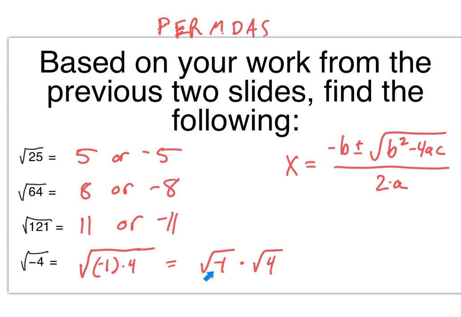So now I have the square root of negative 1 times the square root of 4. The reason why I split it up is because I know the square root of 4. The square root of 4 is plus or minus 2. So then I would have plus or minus 2 times the square root of negative 1.